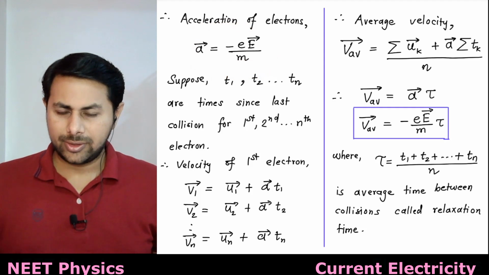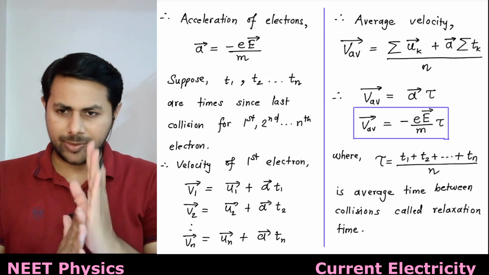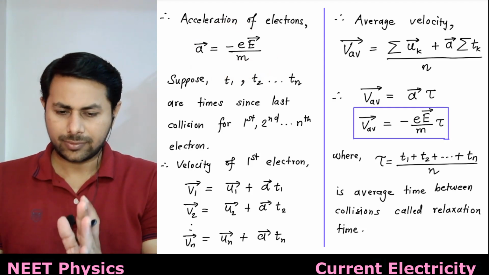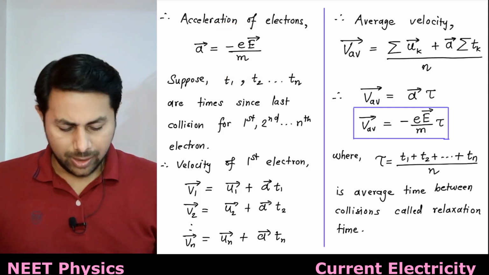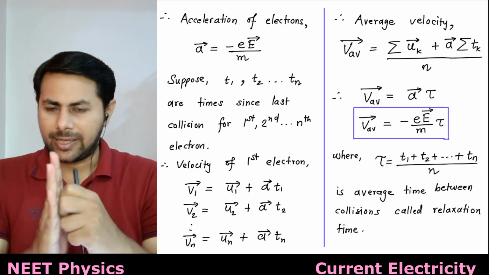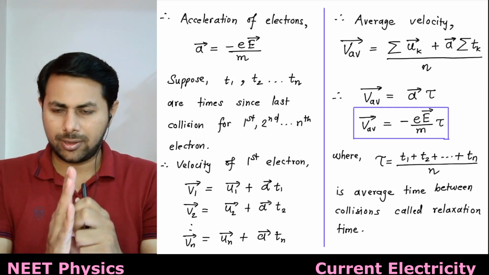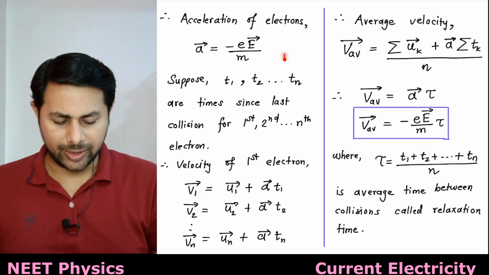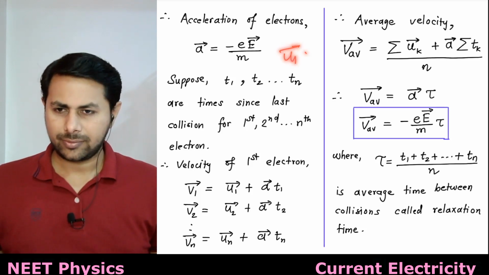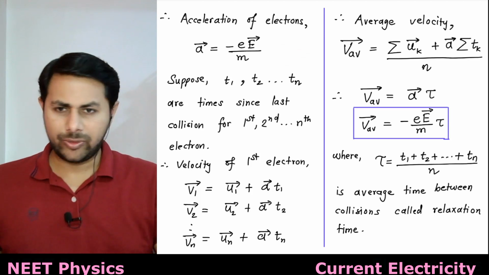And then now suppose you consider a particular time, okay, and you measure the average velocity now. So suppose an electron collides with an atom, right, and it has got some velocity u1. Okay, the electron is moving with velocity u1.